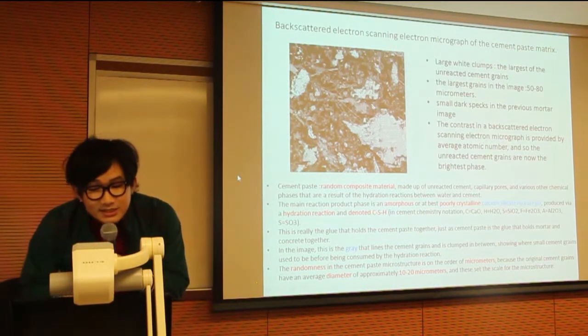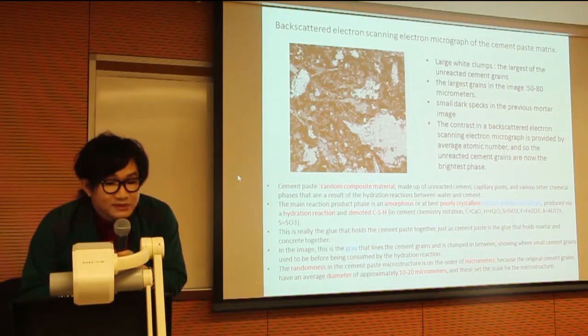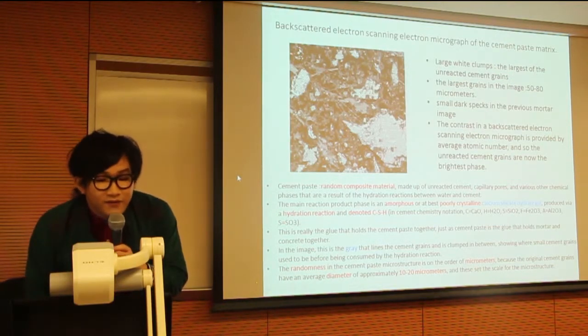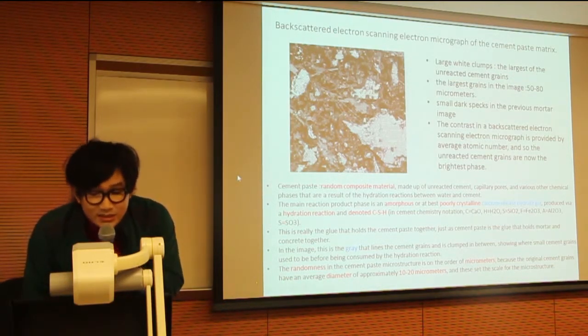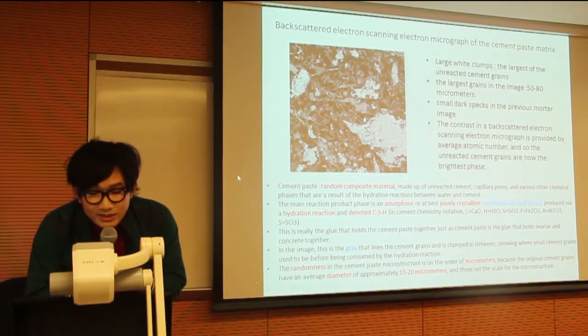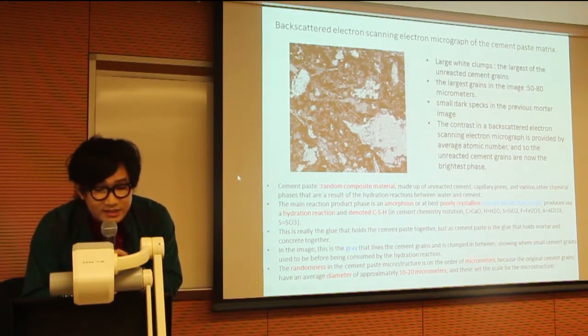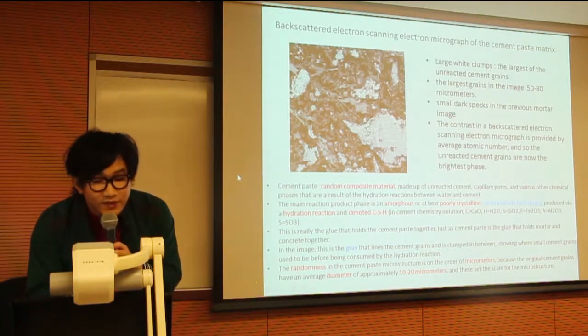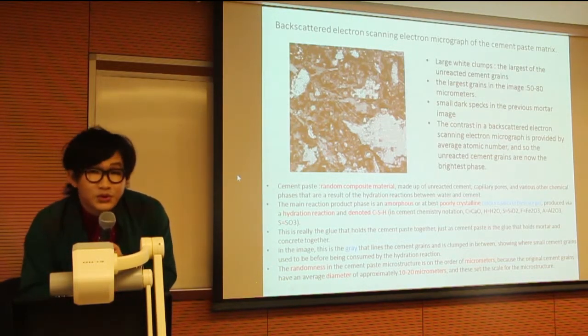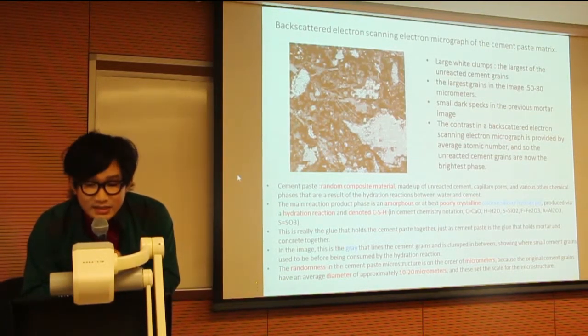Cement paste is clearly a random composite material made of unreacted cement, capillary pores, and various other chemical phases that are a result of the hydration reactions between water and cement.